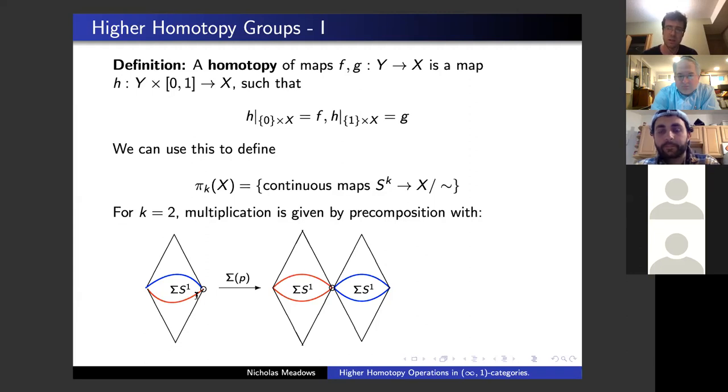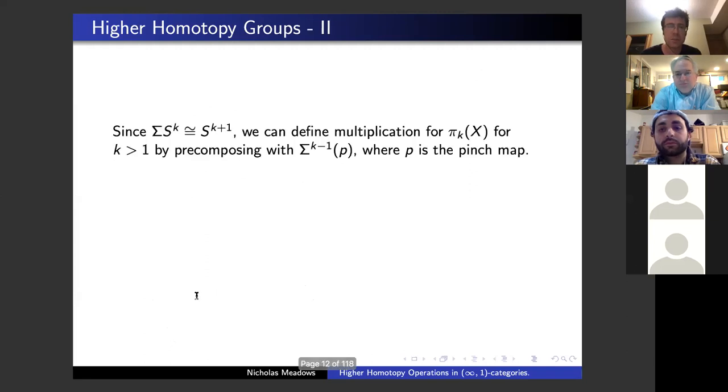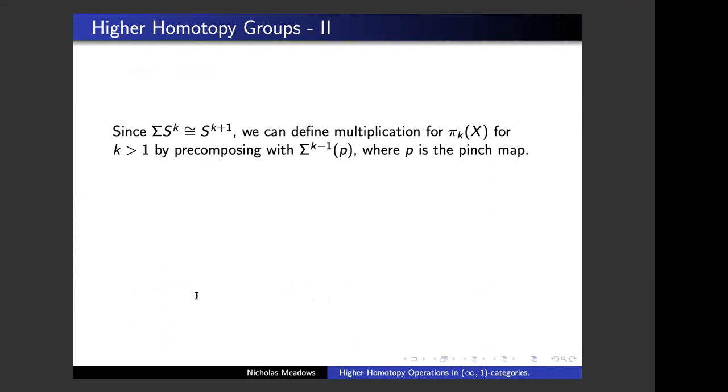And in general, we have that the suspension of S^k is homeomorphic to S^(k+1). So we can define multiplication for pi k of X by precomposing with some suspension of the pinch map.